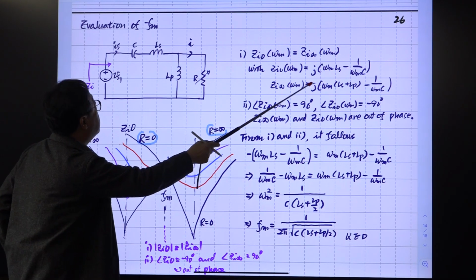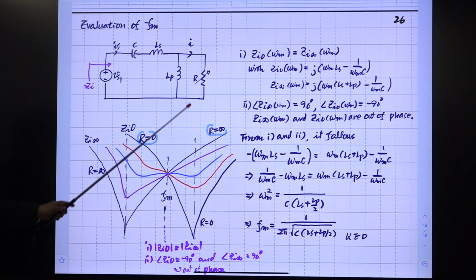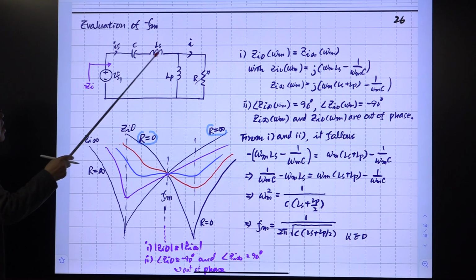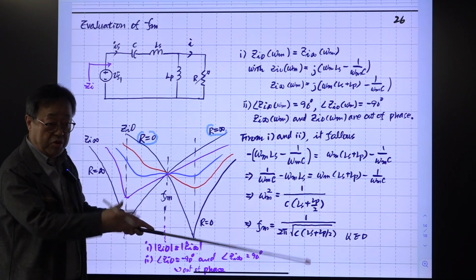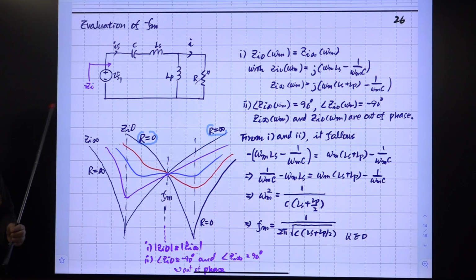That value is the same as the reactance of GI evaluated with this condition. So this becomes infinity. Then you have the series connection with this, which is this. The magnitude of these two things is the same because they meet at the same frequency, at the same point.